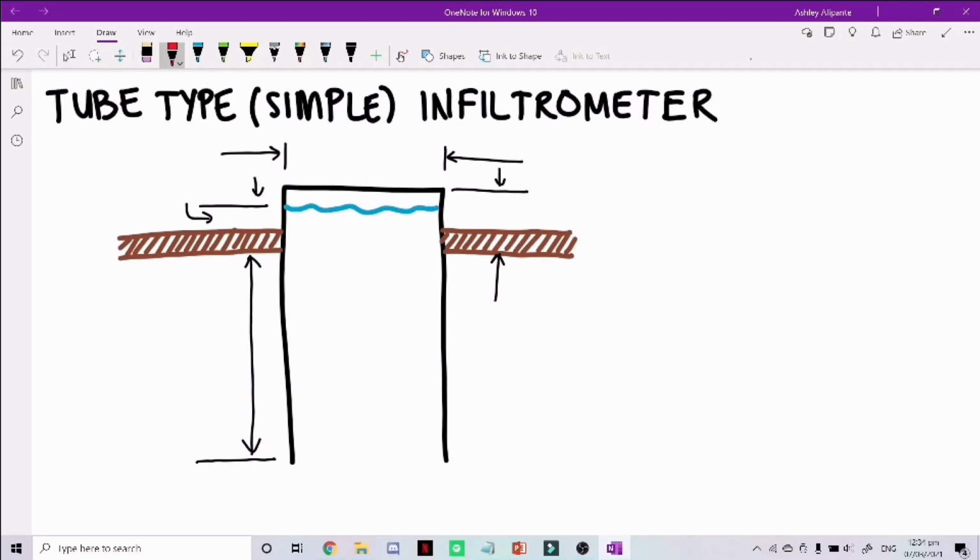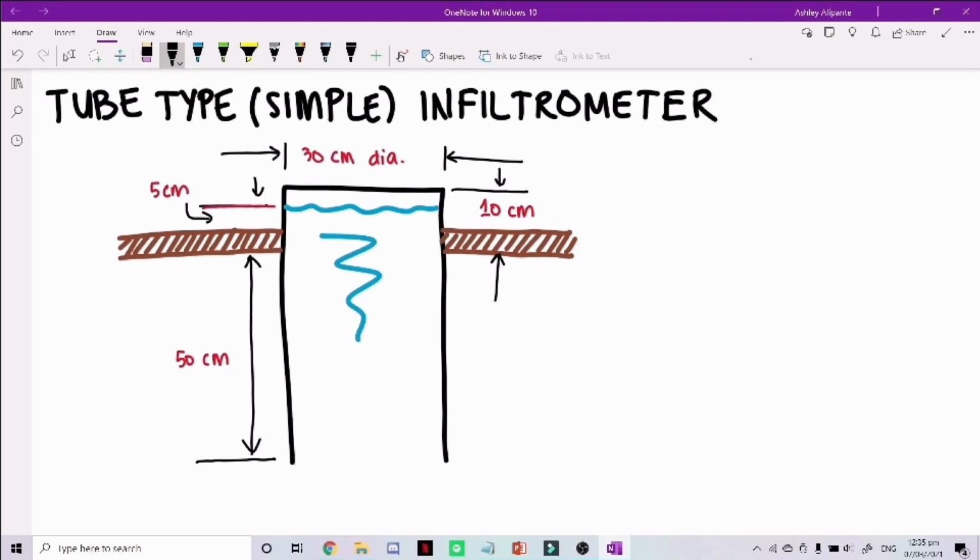The tube type infiltrometer is a simple instrument consisting essentially of a metal cylinder 30 centimeters in diameter and 60 centimeters long, open at both ends. The cylinder is driven into the ground at a depth of 50 centimeters. Water is poured at the top to a depth of 5 centimeters, and a pointer is set to mark the water level.